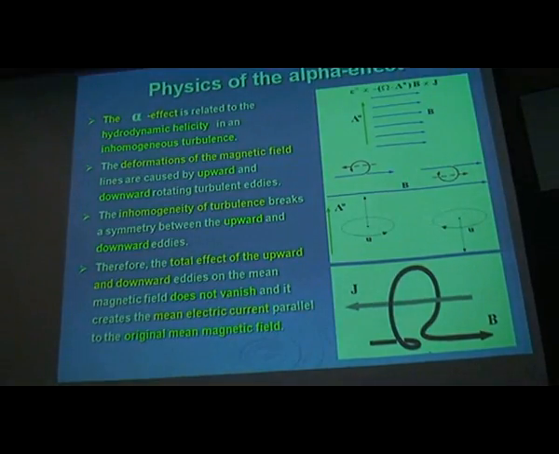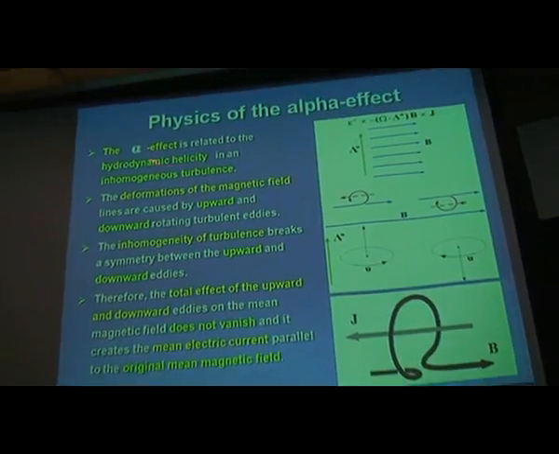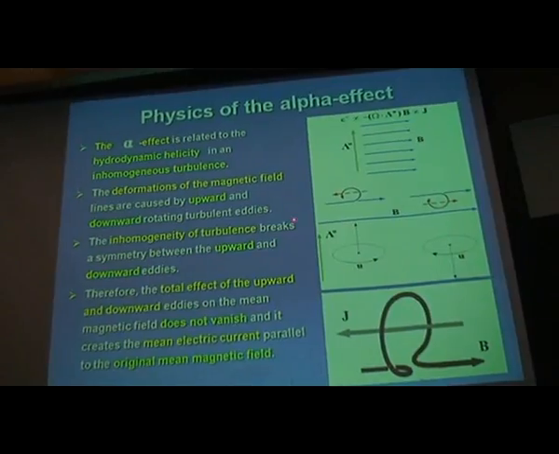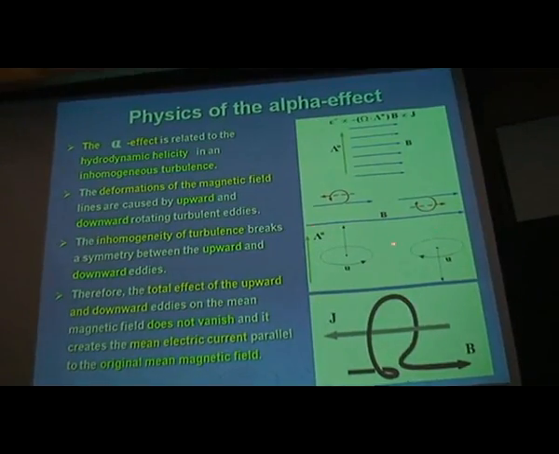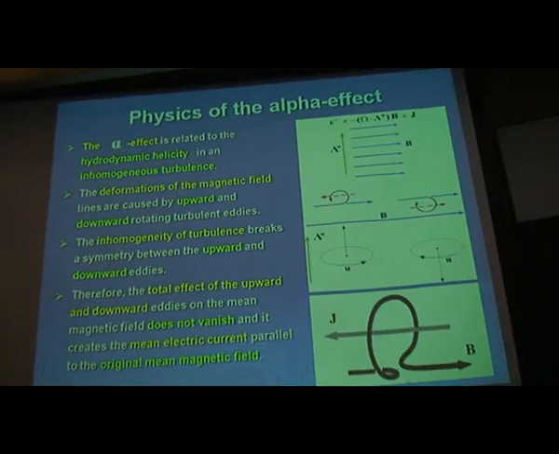If we have inhomogeneous turbulence with uniform rotation, then the alpha effect is caused by kinetic helicity, and the deformation of the original magnetic field is caused by upward and downward turbulent eddies. Since turbulence is inhomogeneous, the deformation caused by the upward eddies is not compensated by the deformation caused by the downward eddies, and it can result in generation of a large-scale magnetic field.